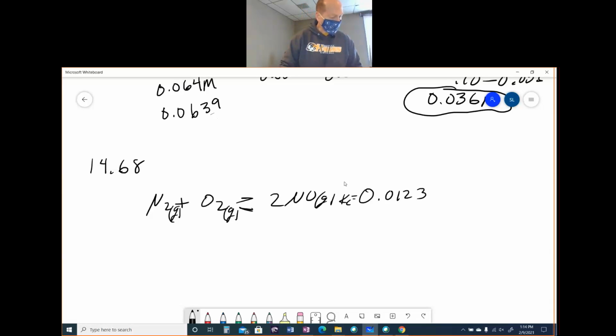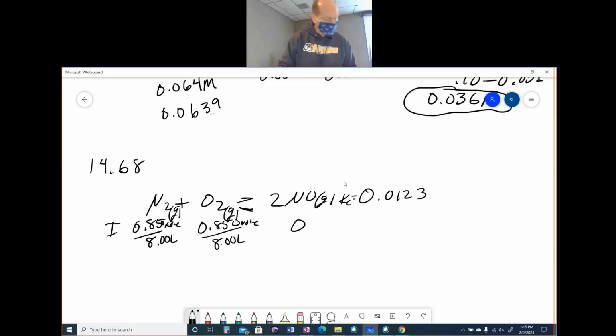All right, and so it says initially it contained 0.85 moles in an 8-liter flask. All right, and everything is 3 sig figs. So when everything is 3 sig figs, you want to give your answer to 3 sig figs. 0.850, 8 liters.